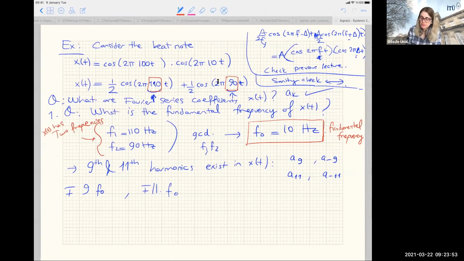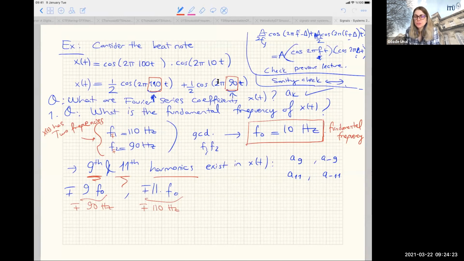That's why. Guys, so this is also plus minus. This is really 90, plus minus 90. This is plus minus 110 hertz. That's why, this is very important to understand. These harmonics, like 9th and 11th harmonics, and it's a real signal, cosine signal. So I know actually I have plus minus both frequencies.